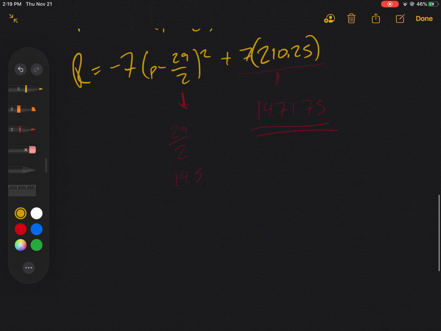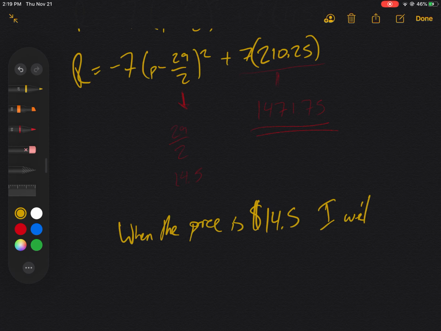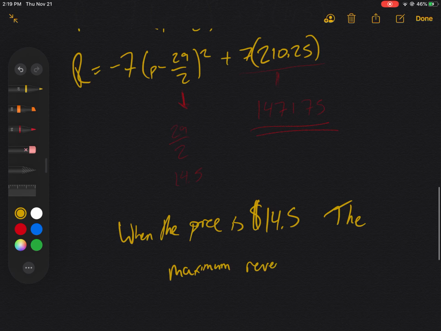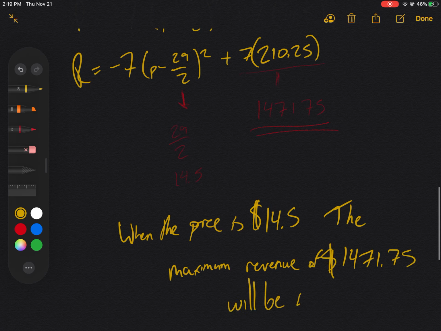So, to formalize it, when the price is $14.50, the maximum revenue of 1471.75 will be reached. Okay, thank you.